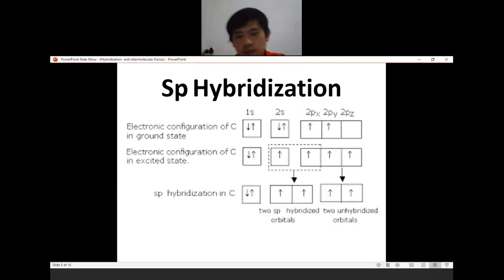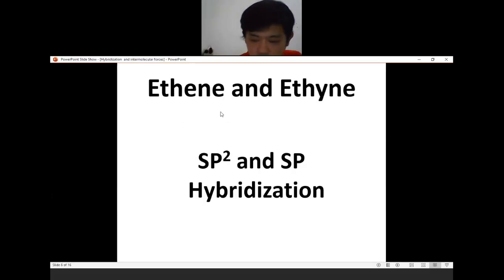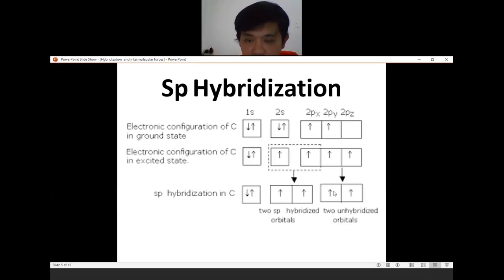One p here makes a bond, and the other p makes a bond. So in sp hybridization, there is a triple covalent bond.